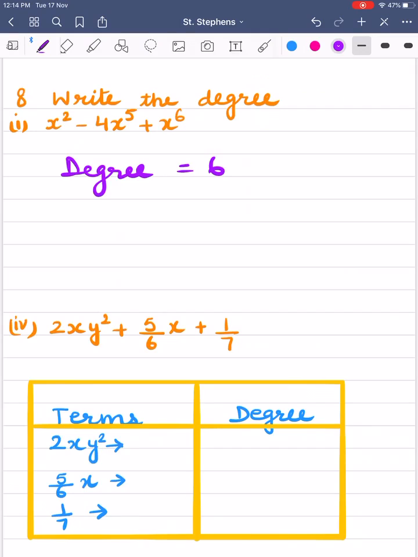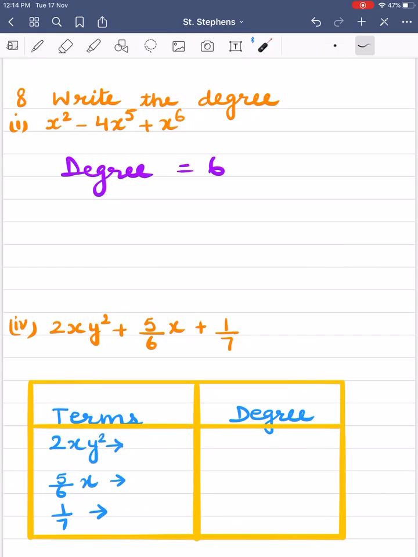Now in the second expression, which is fourth part, we have 2xy square plus 5 upon 6x plus 1 upon 7. Here we have more than one variable. So we have to find out the sum of powers of the variables for each term.